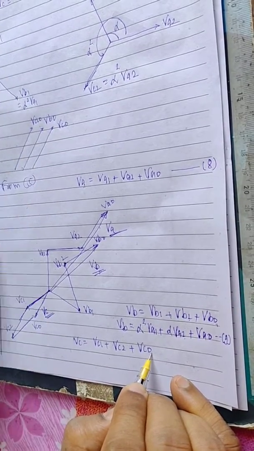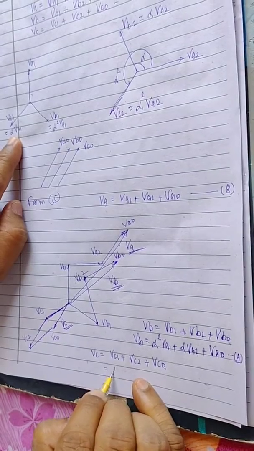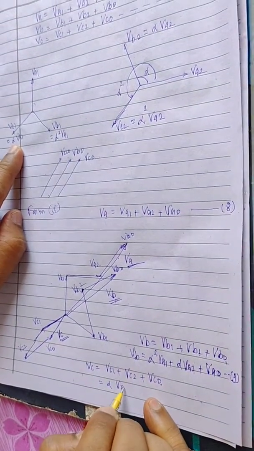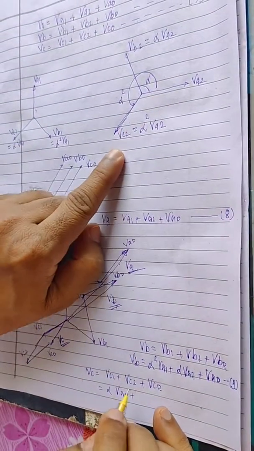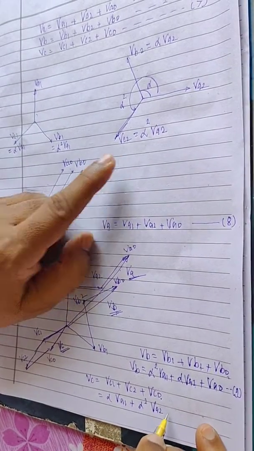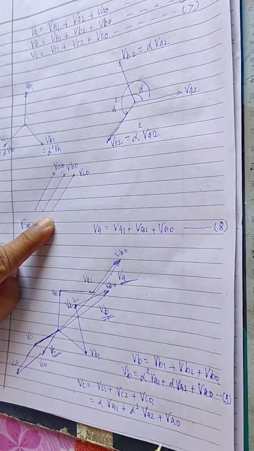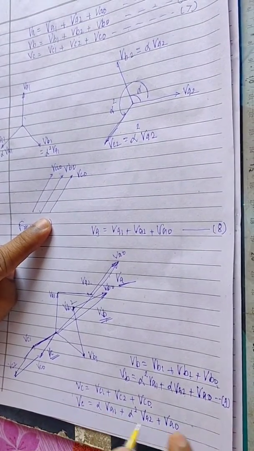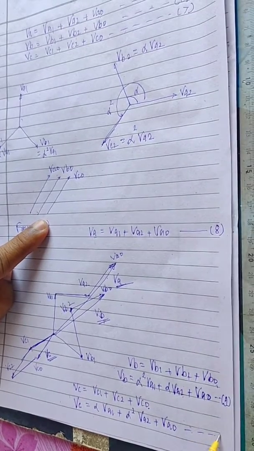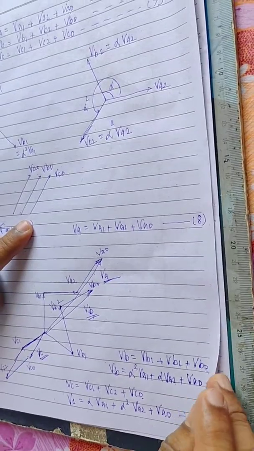But from the diagram, VC1 is equal to alpha VA1, VC2 is equal to alpha square VA2 and VC0 is equal to VA0. This is equation 10.